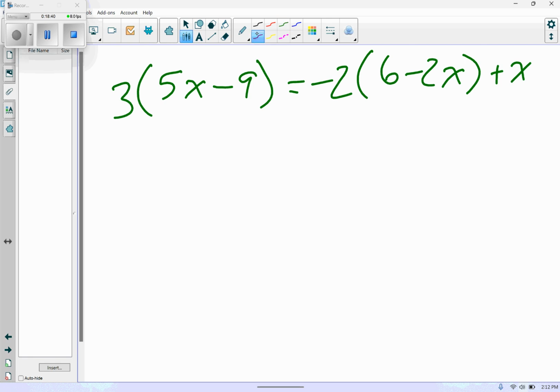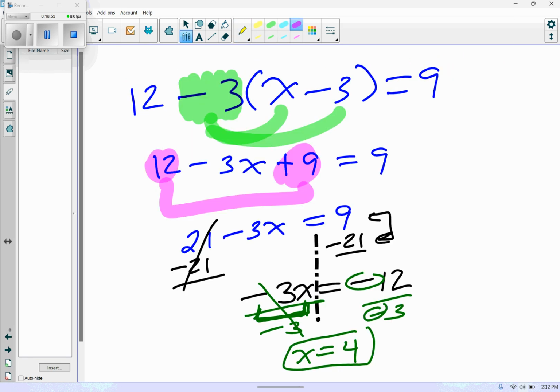Okay. Yeah. 2 sets of parentheses, agreed? You need number 4's answer? Is that number 4 right there? Frank, does that work?